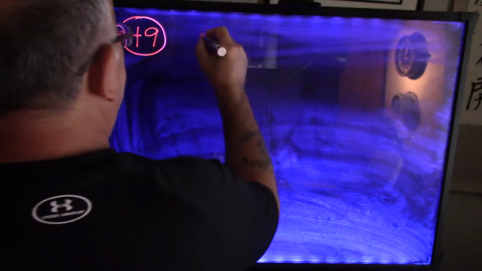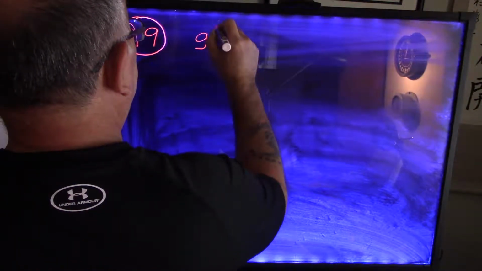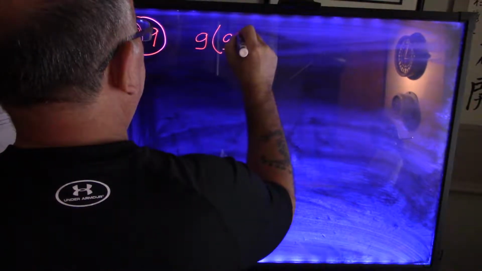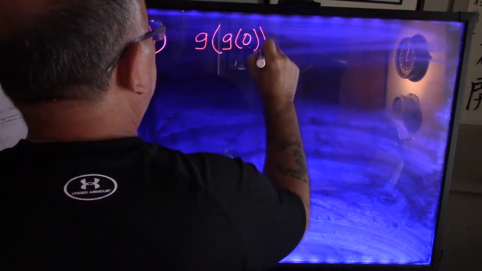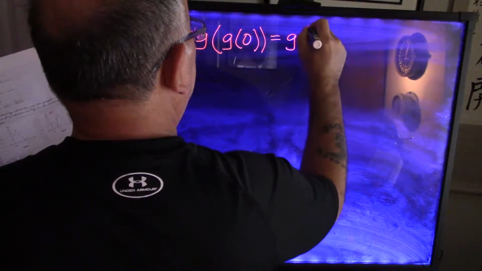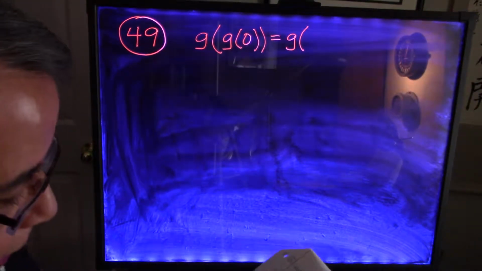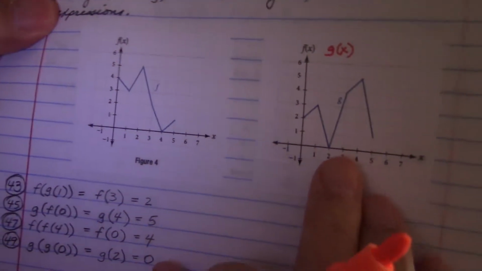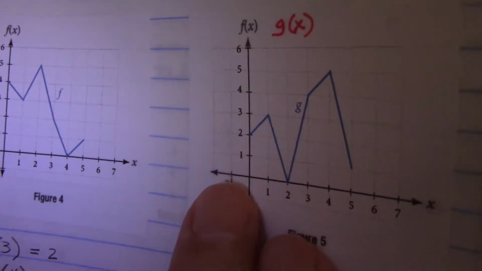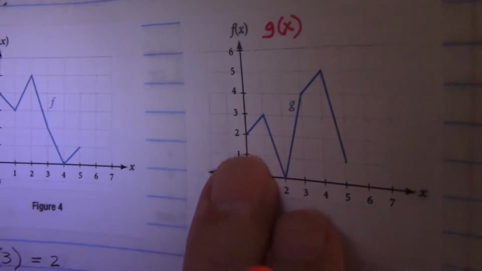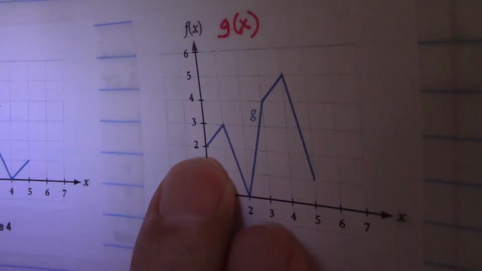Okay, number 49, g of g of 0. So look on the graph of g and find out what g of 0 is. G of 0 is 2.